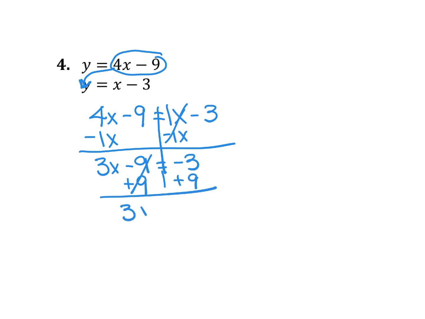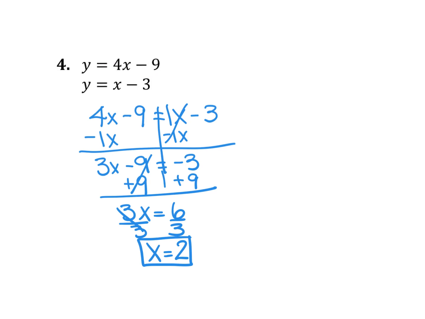So now we can isolate the variable by adding the 9 to both sides. And we have 3x is equal to 6. And then we're going to divide by 3. And x is going to be equal to 2. All right, so once we know what x is, we can now solve for y. So let's erase everything here. It doesn't matter which one of these I plug it into. I just think that this is a simpler equation here, but really it does not matter. You can plug it into either one.